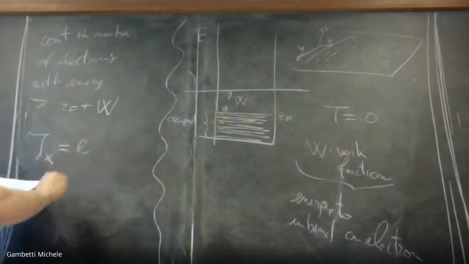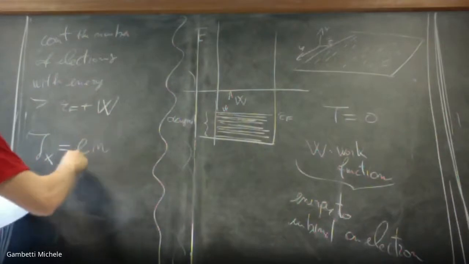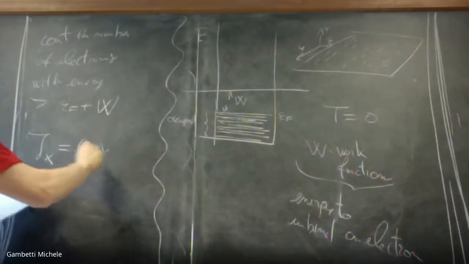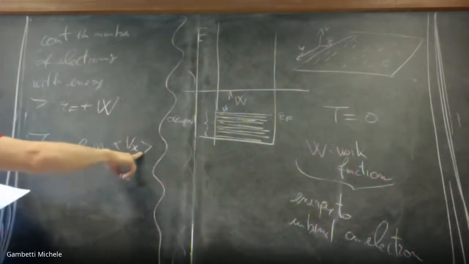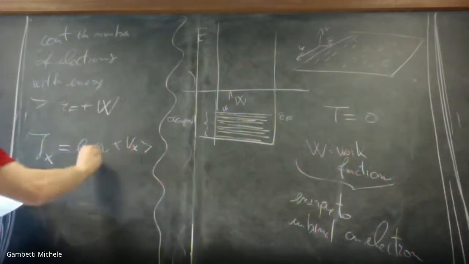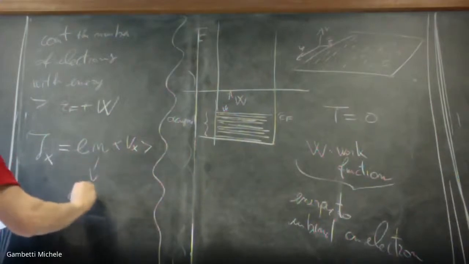This is the thermionic current, which is the charge of the electron times the density times the average component in the x direction of the velocity.